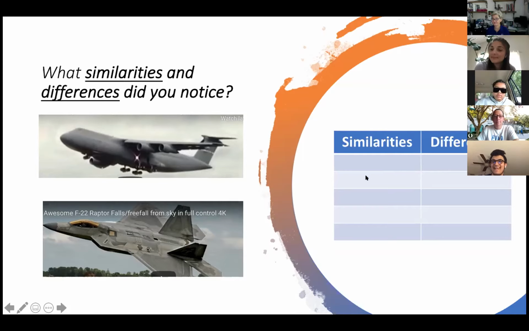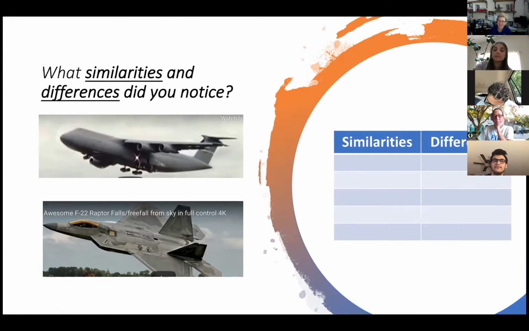They're both loud. Okay, good job. And I'm sorry, I don't know how to type into this. But loud. Okay. What else? I can start typing into the chat, and everybody should see from the chat. So as people are calling stuff out, I'll start typing it. Okay. Any other similarities? They're both used by the military.